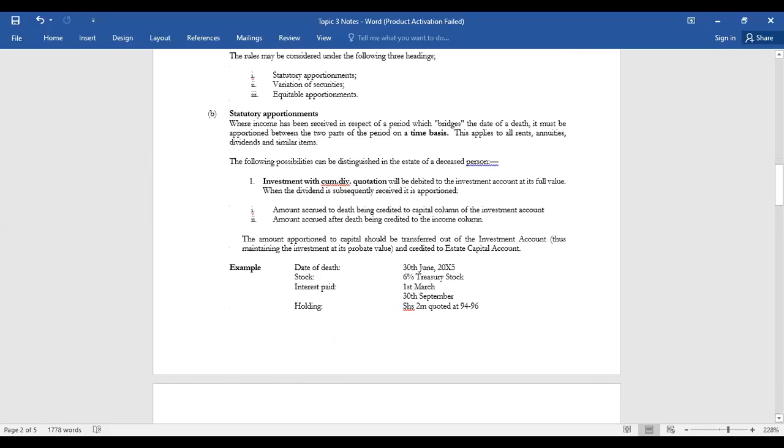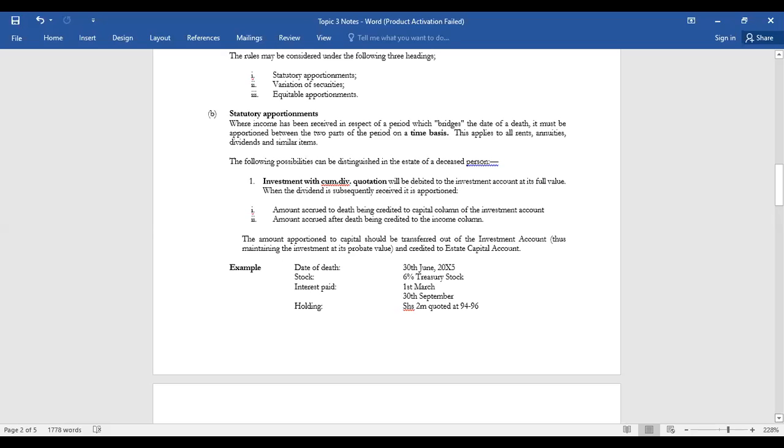We've been told the date of death is 30th June 20x5. The stocks were 6%, and these are treasury stock. And then the interest paid, this was done between 1st March and 30th September.